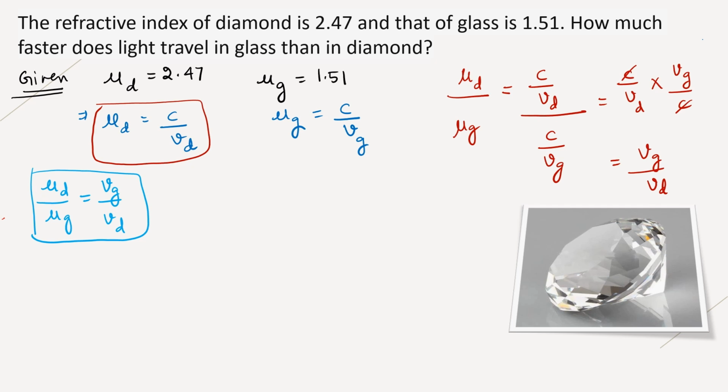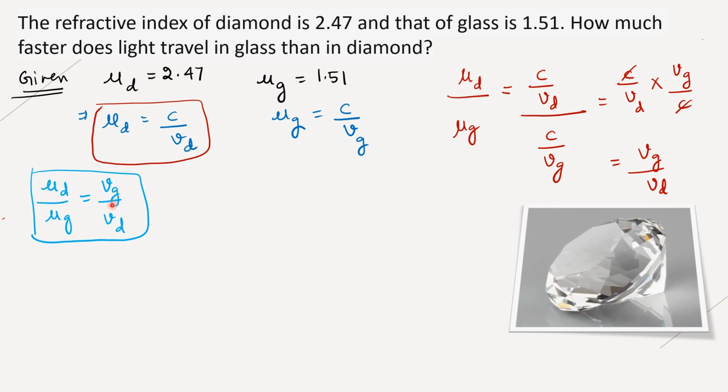In the numerator I have written the refractive index of diamond, but its velocity is in the denominator on the other side. Similarly, I have written the refractive index of glass in the denominator, but its velocity is in the numerator on the other side.